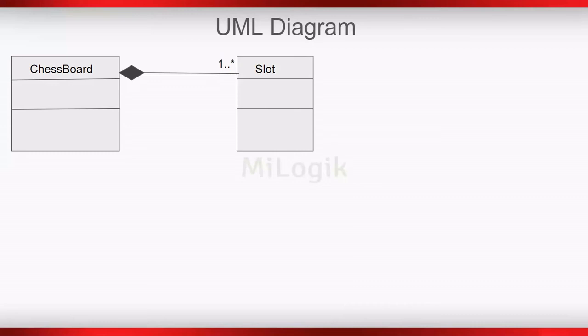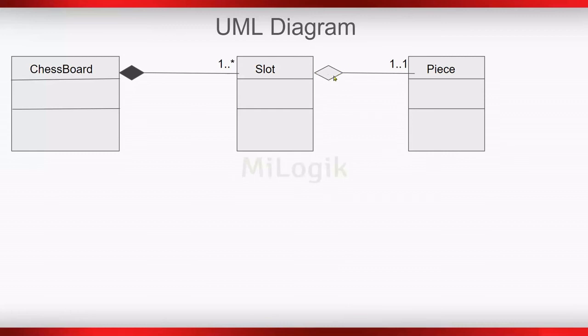Okay. Now let us see what is the relationship between the slot and the other classes which are identified. So we have a piece class. What is the relationship between a slot and piece? It is aggregation relationship. Both aggregation as well as composition, both are has a relationship, but composition is a strong relationship, whereas aggregation is a weak relationship.